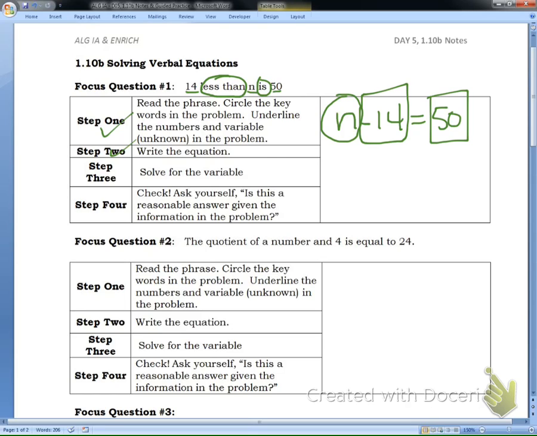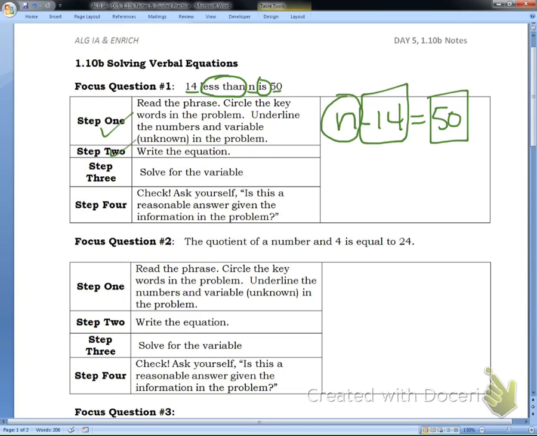Yes, we have 2 constants we need to combine. But before we can combine them, we have to get them on the same side of the equation, away from that variable. So what are you going to do to combine them? Or what term do we need to move? We need to move that negative 14 so that we can combine it with the 50.